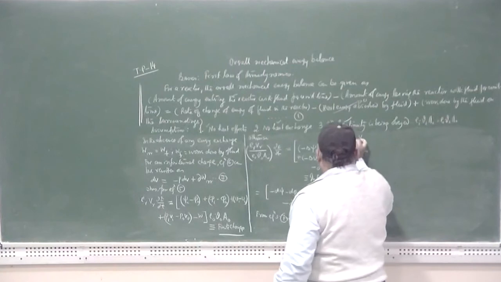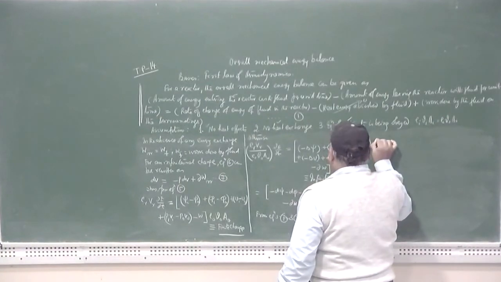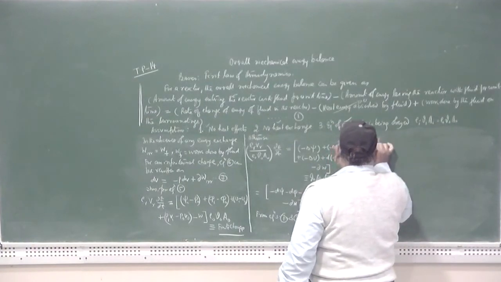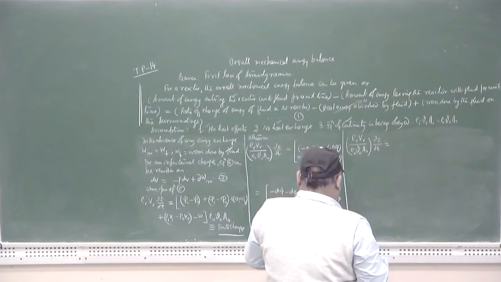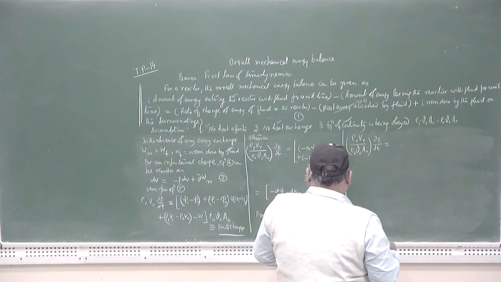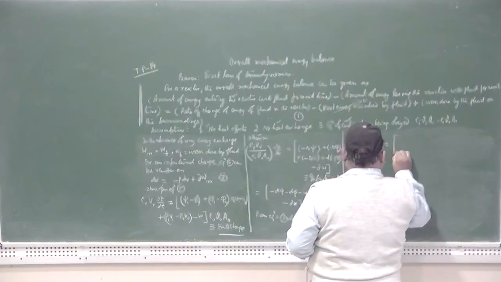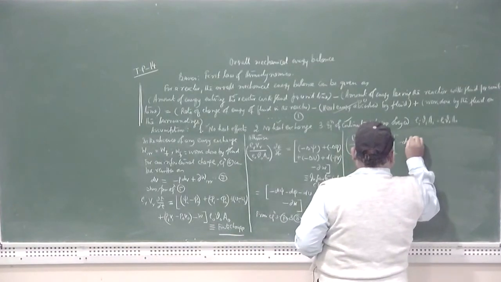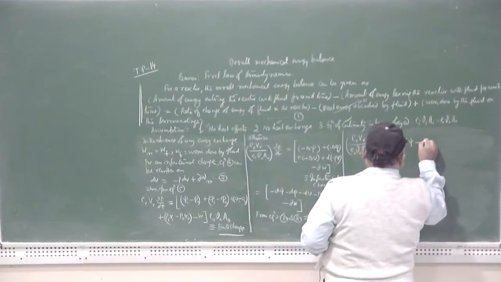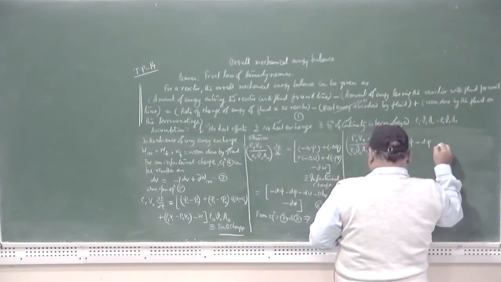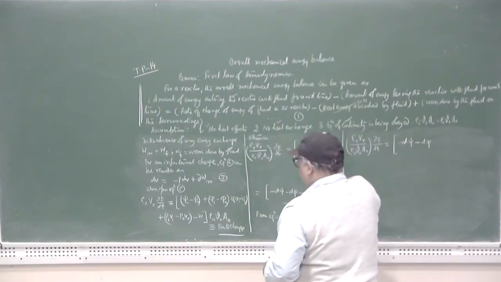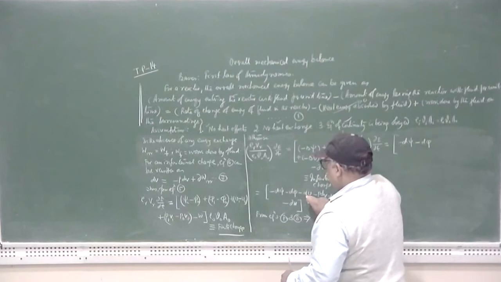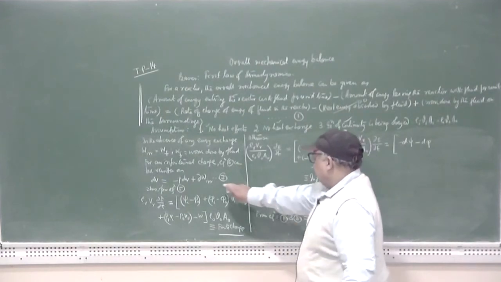So, please keep in mind in the example also, dE/dt should be equal to minus d psi minus d phi. Now du from this expression.